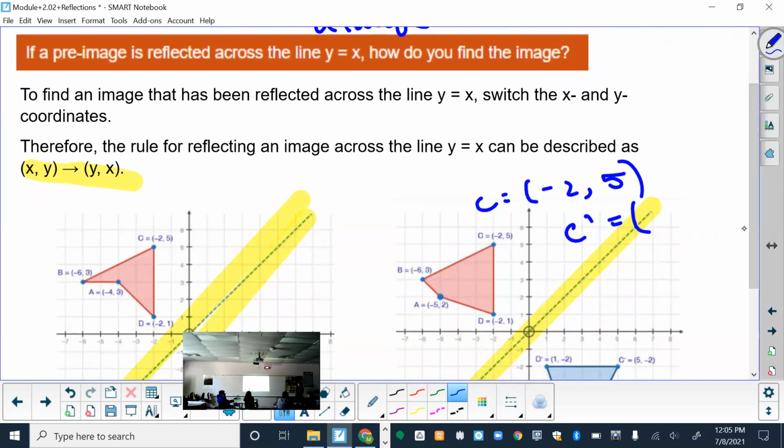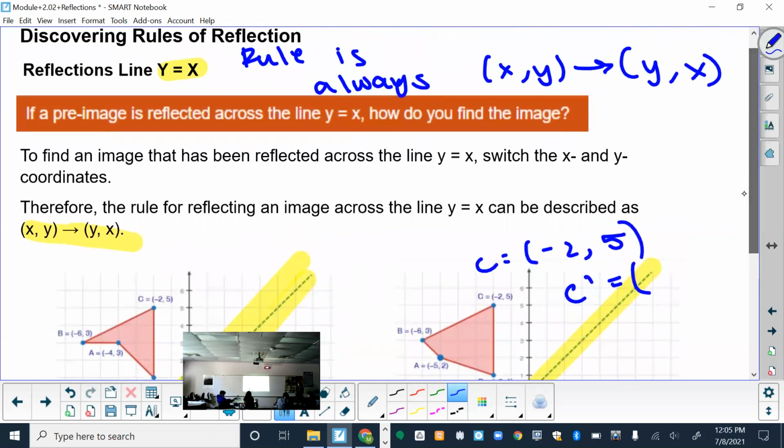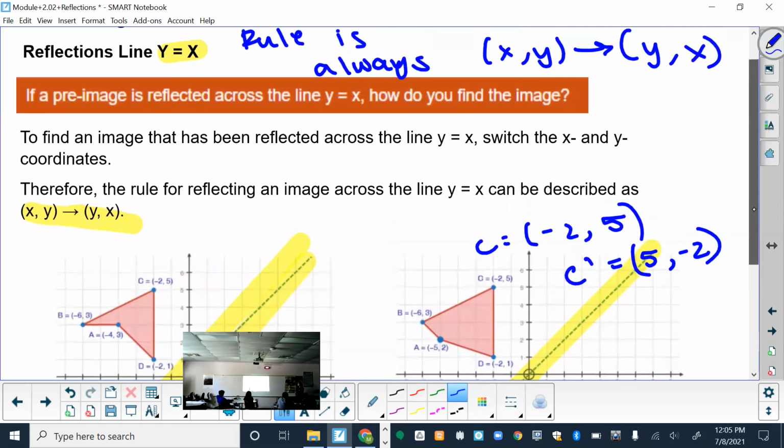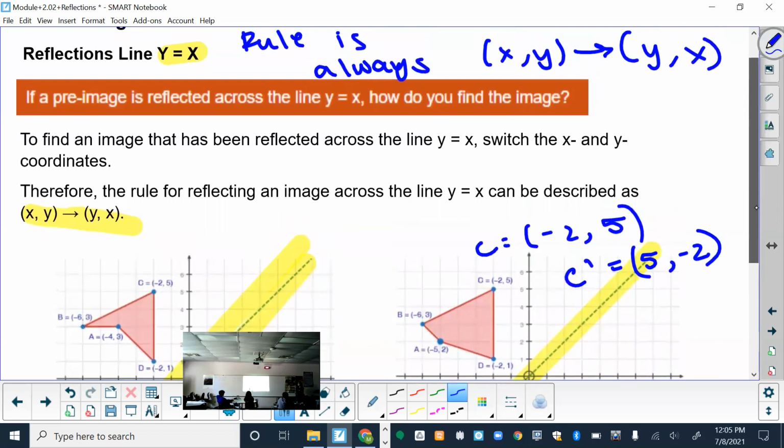That is my original x value. So my original y value then is 5. Right, and then since my original x value is -2, it now goes in this spot. Right, you see how we're just switching the order? Right, that's all we're doing to these. All right, questions?